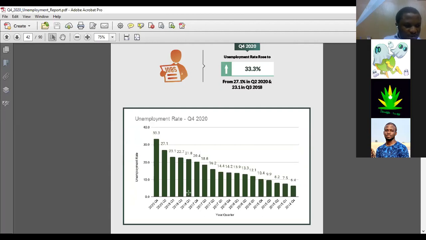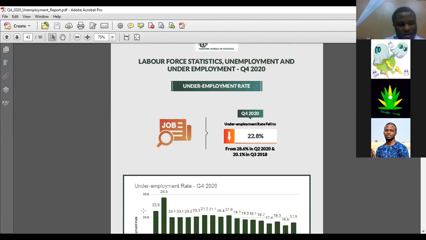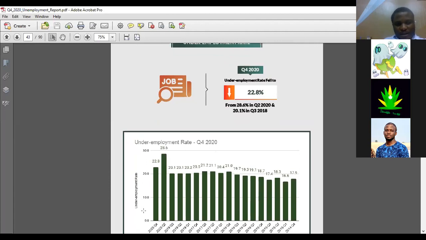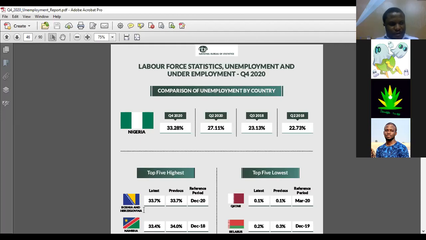So it increased between the second quarter 2020 to the fourth quarter 2020 from 27.1% to 33.3%. That's a very sharp increase. Then look at the unemployment rate.